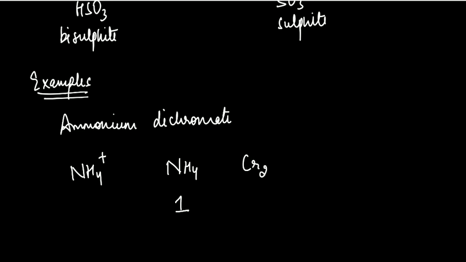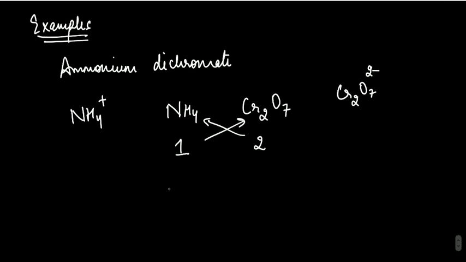Dichromate is Cr2O7, and we write dichromate with the charge like this. This 2 minus, I'm writing just 2 over here. This will go over here. So we will get NH4 whole twice, Cr2O7. Please do not write like N2H8. Don't multiply it, because this NH4 is just one entity.